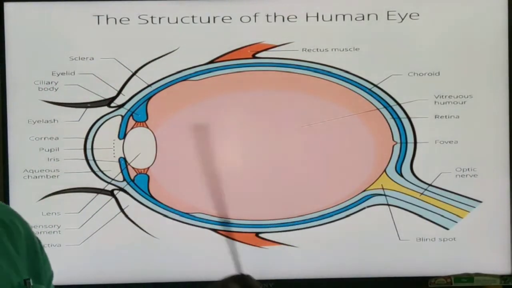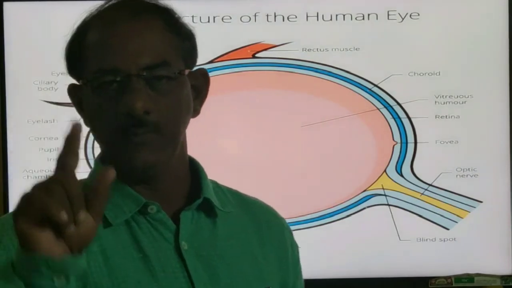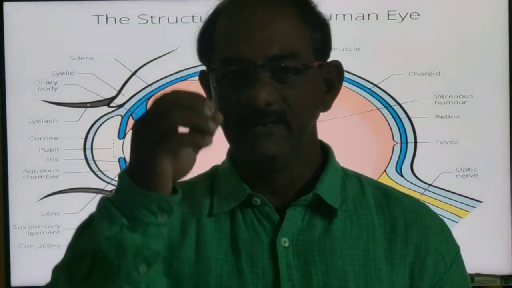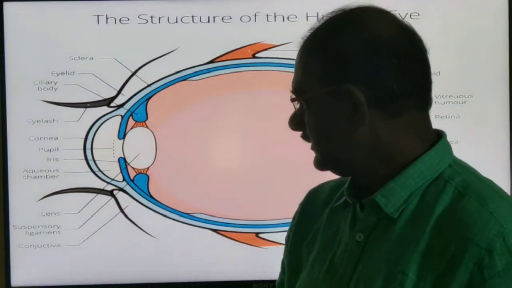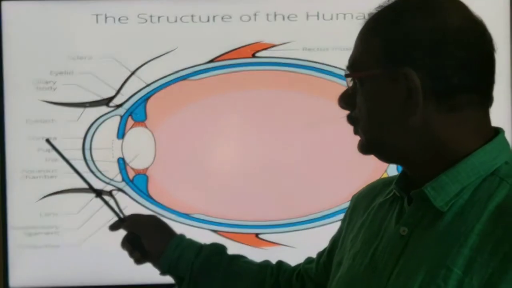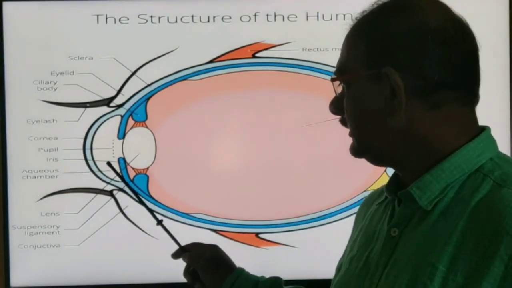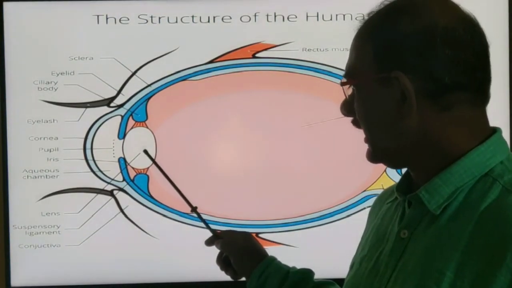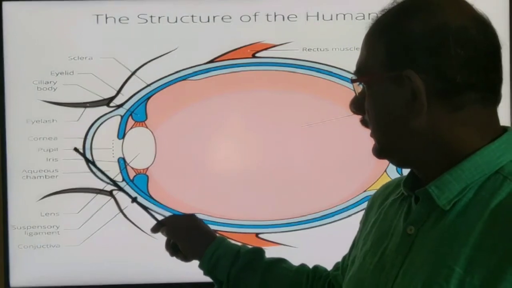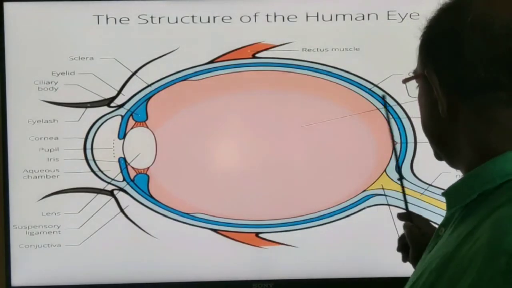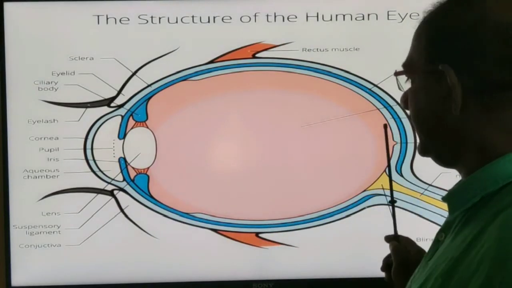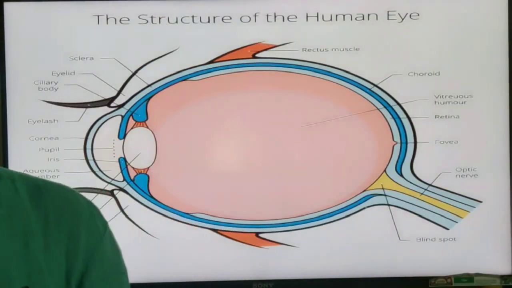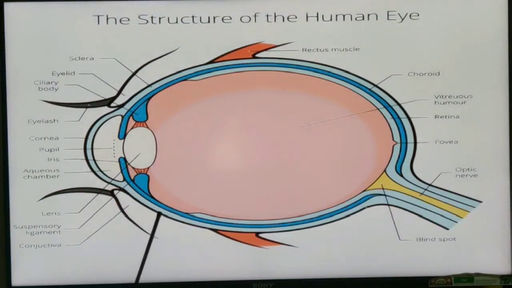This means two parts are present in the eye. One is focusing, meaning light is focused through the cornea, pupil, aqueous chamber, then iris, then vitreous chamber, and focuses on the retina, and the retina is called the receptor part of the eye.